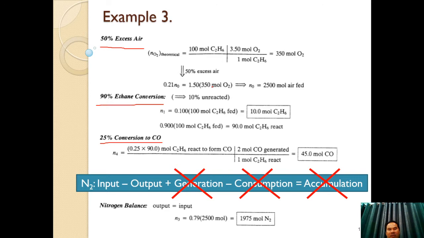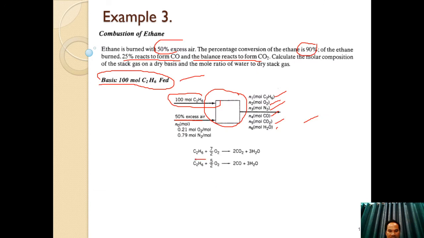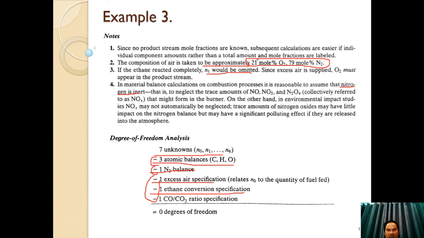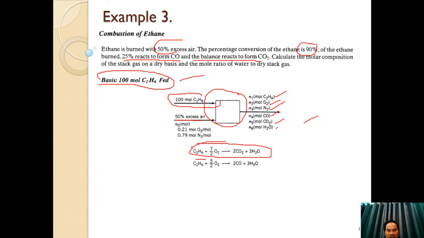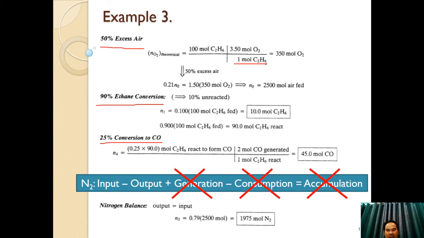For this case, you have to calculate the oxygen required theoretically based on the first reaction, the complete reaction. In this case, the chemical reaction is 1 mole ethane requires 7/2, meaning 3.5 mole oxygen.